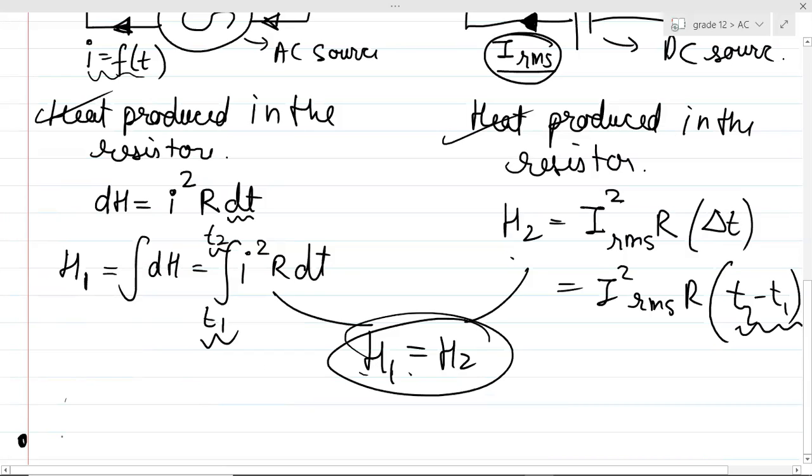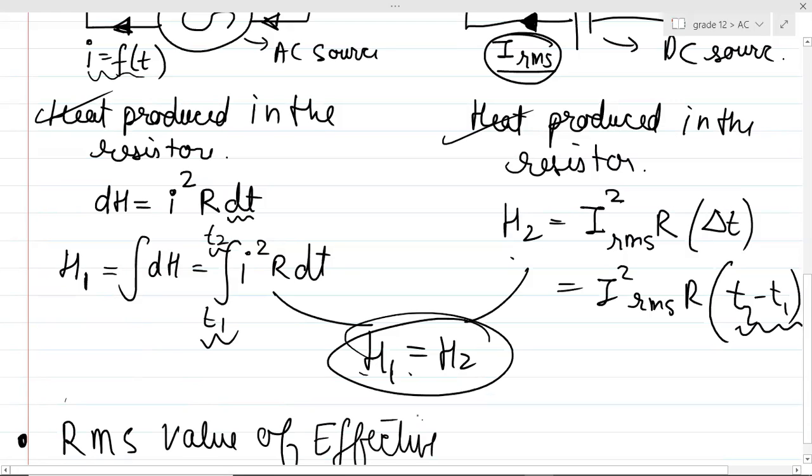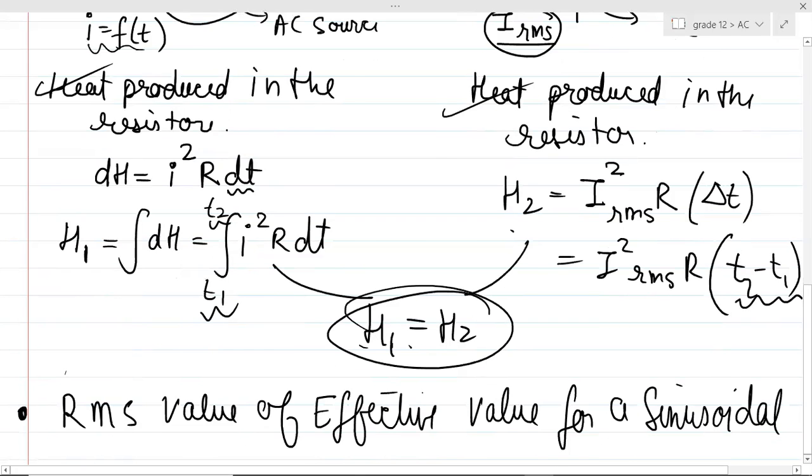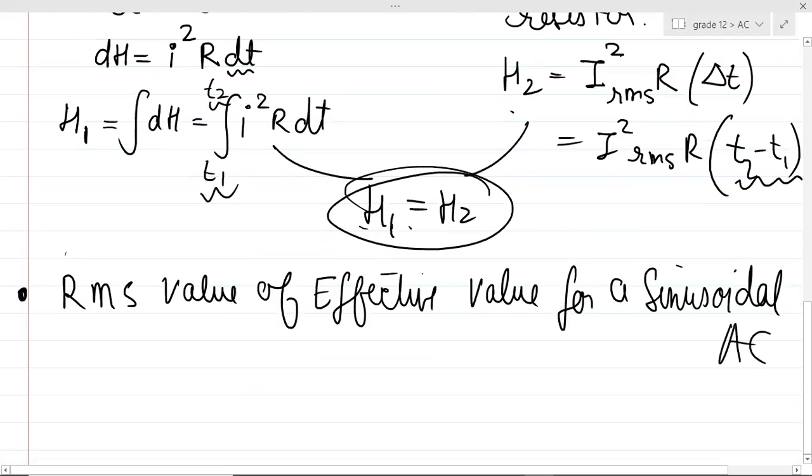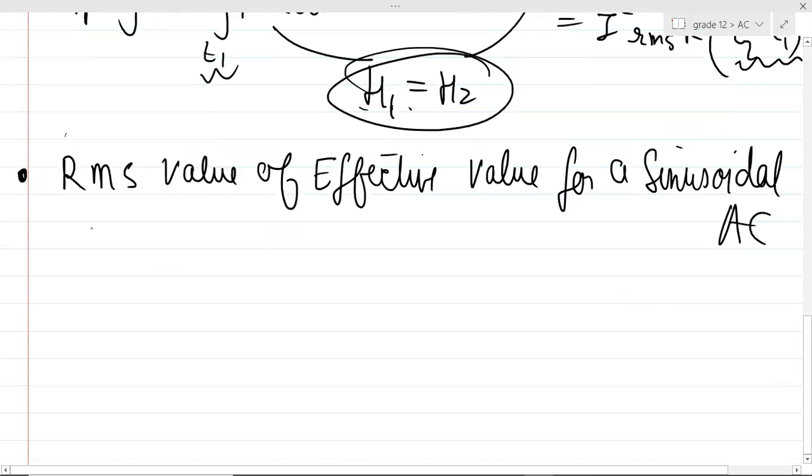Now let's try to find out the RMS value or effective value for a sinusoidal AC, right? So suppose, for example, I have a current, a sinusoidal AC.